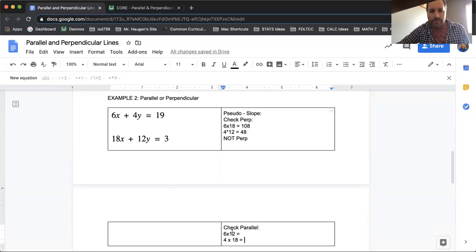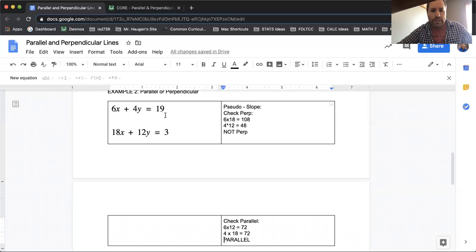In fact, if we do these here, 6 times 12 is 72. And if we check this, 4 times 18 is also 72. So since their pseudo slopes come out to be the same, we would say that they are parallel, so we can check those pseudo slopes there.